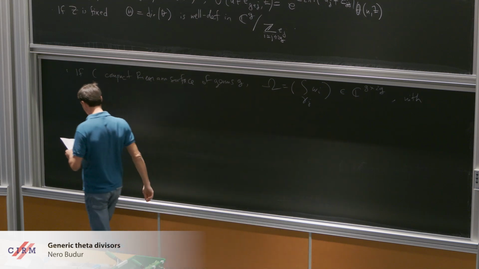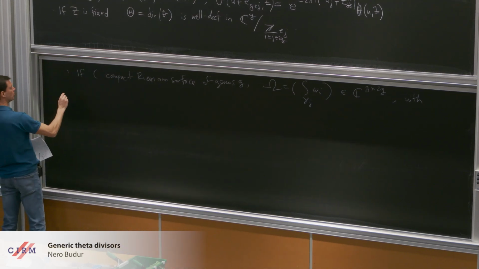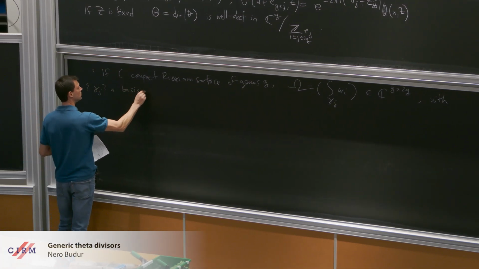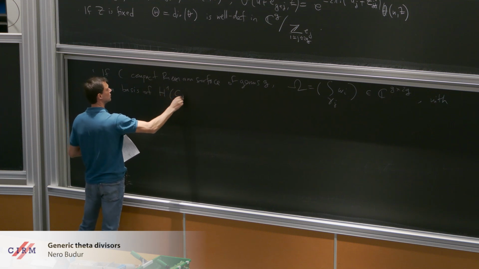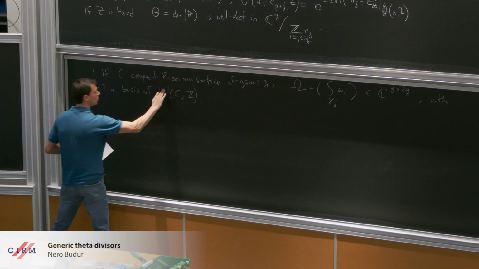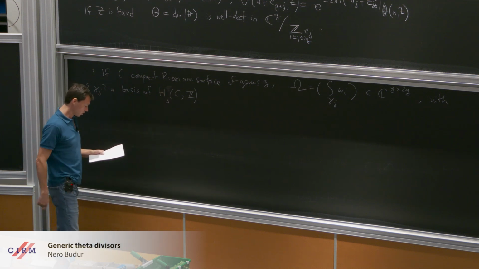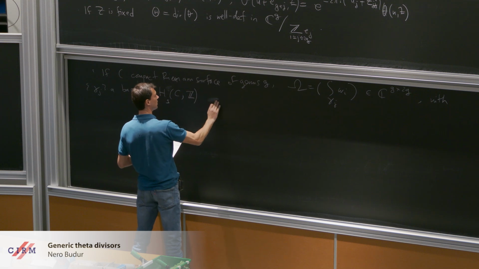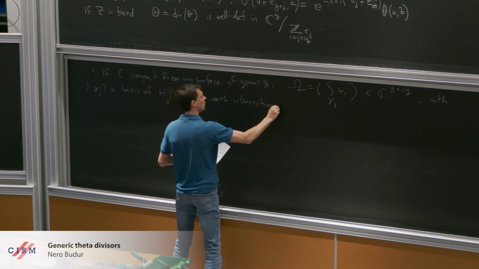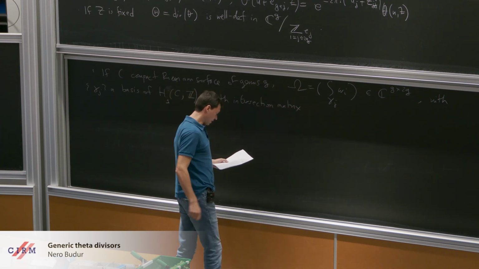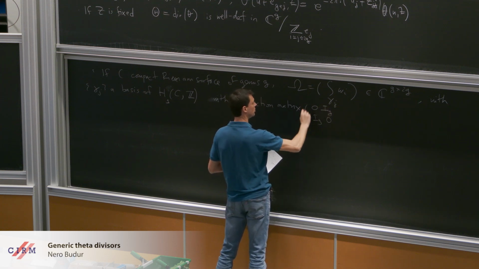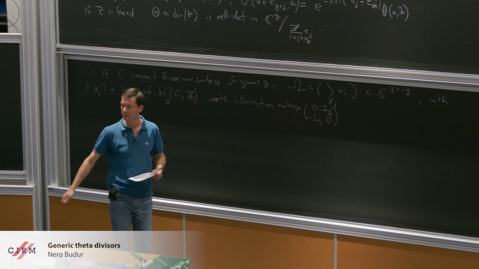The gamma_j's are a basis of the first homology group of C. And we choose a special basis. We can always choose that special basis such that the matrix of intersection of the cycles is 0, the identity, minus the identity, 0. We can always choose such a basis.